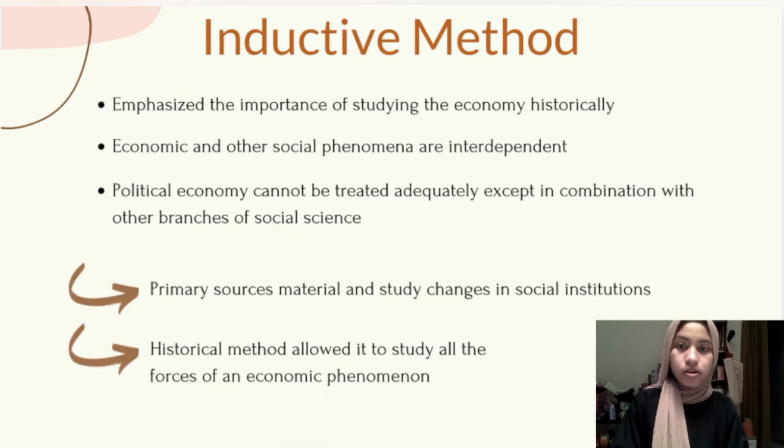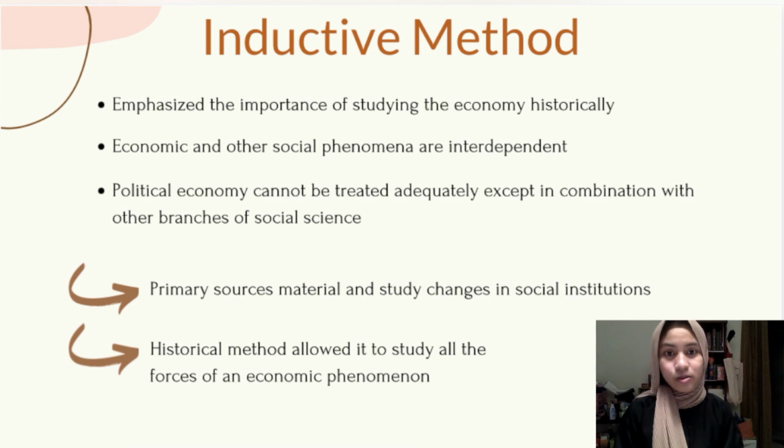Next, we talk about the inductive method. The inductive method emphasizes the importance of studying the economy inductively or historically, for example from part to the whole, from particulars to general, and from facts to theories. Because economic and other social phenomena are interdependent, political economy cannot be treated adequately except in combination with other branches of social science.